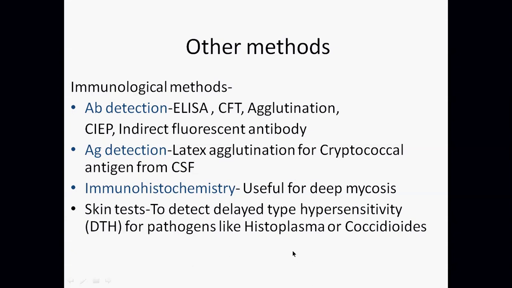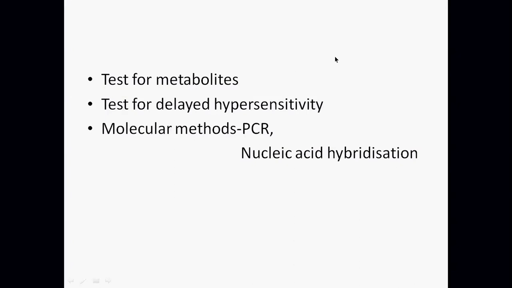So this is just giving you an idea regarding the exposure to these fungi and development of delayed type of hypersensitivity. Also you can do some tests for metabolites which are produced due to fungi, not a commonly used technique. Already we have talked about delayed hypersensitivity.